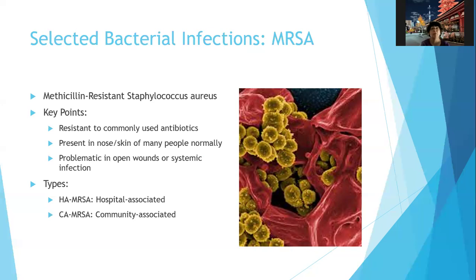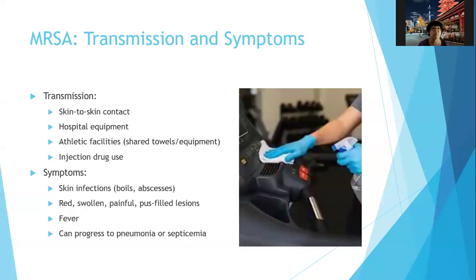And it can be problematic with open wounds or systemic infection because it's an opportunistic pathogen. Hospital-associated MRSA and community-associated MRSA are very common. So MRSA is out there in the community. So if you get the infection, it's going to be really hard to fight. They have to use serious IV antibiotics to fight it.